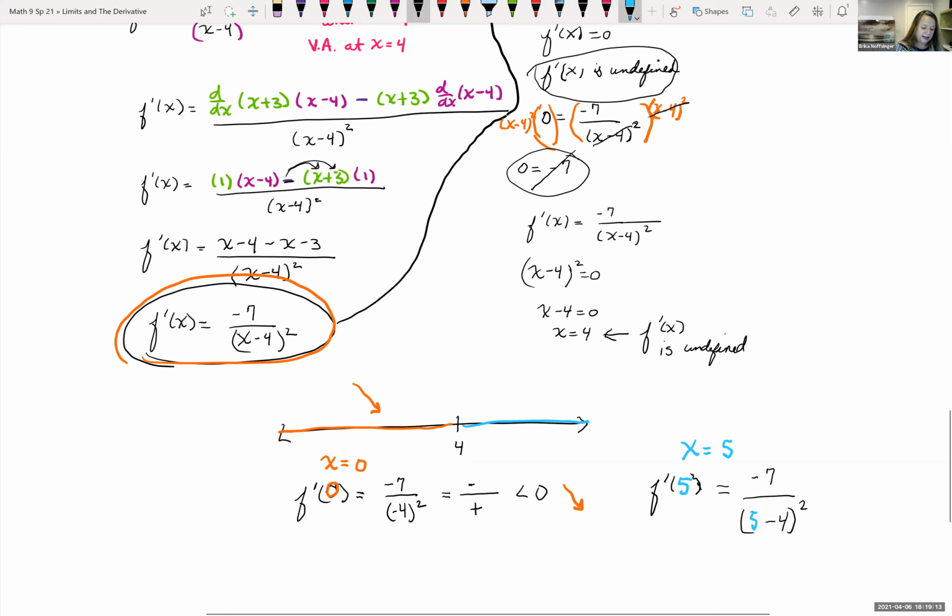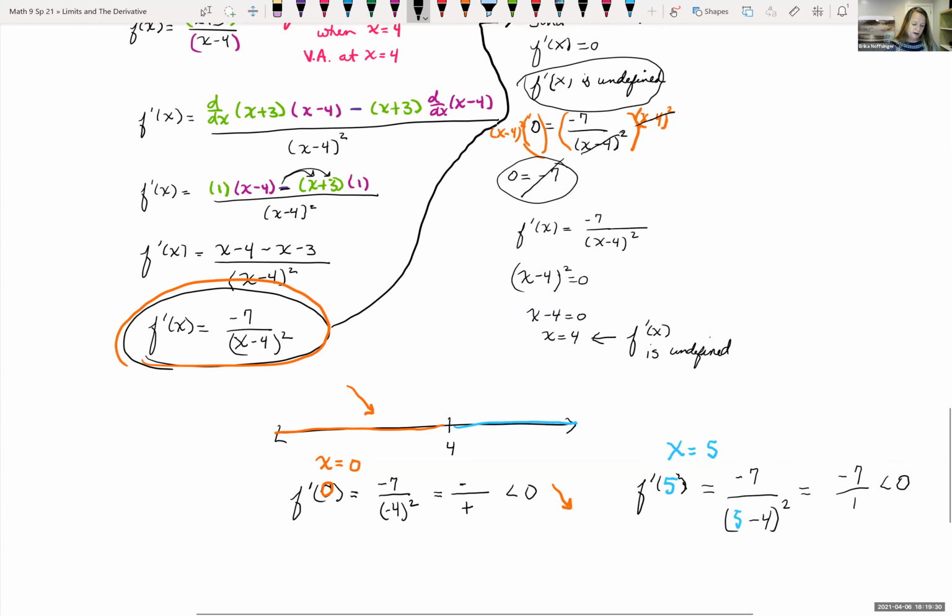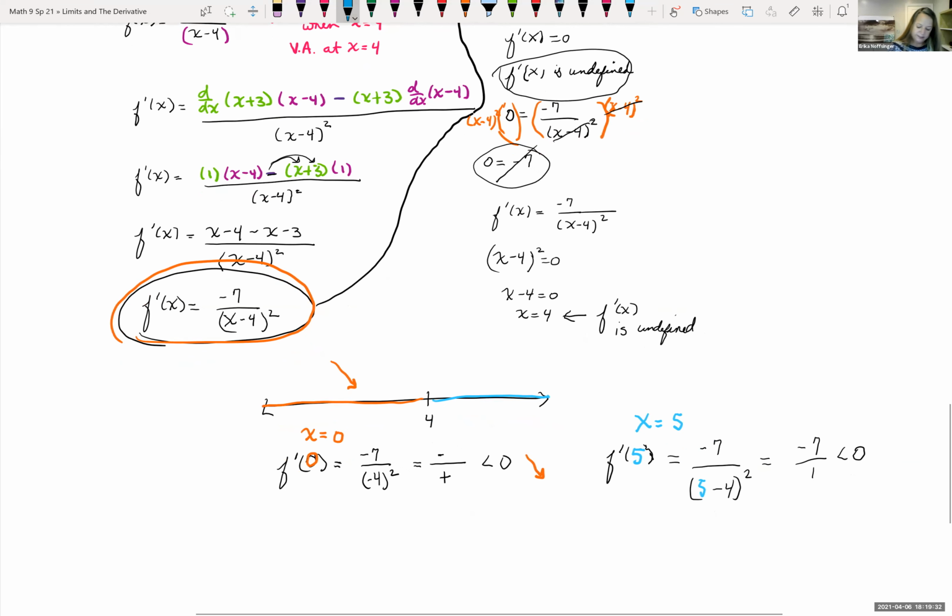So doing that, I have a negative in my numerator, all over 5 minus 4, that's 1 squared, which is 1. So this number is less than 0. And so again, that tells me that my function is decreasing on the right of x equals 4.